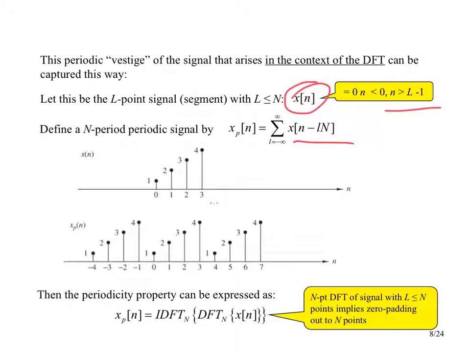This periodic result comes from taking the DFT of the original finite duration signal and doing the inverse DFT of that. Even though we're only getting back N samples from our computer, we can interpret those N samples as being one period of a periodic signal.